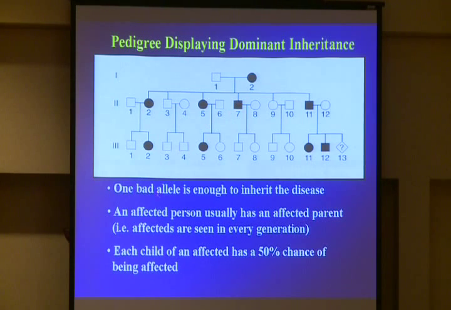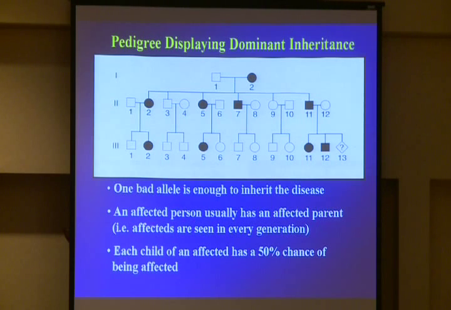So only one bad copy is enough to inherit the disease, and an affected person usually has an affected parent. Here's an affected child and they have an affected parent. Here are several affected children in this generation. They have an affected parent. So most often, an affected person has an affected parent.